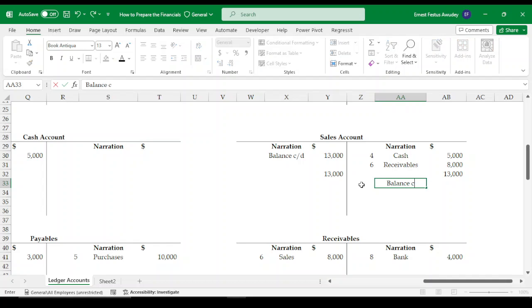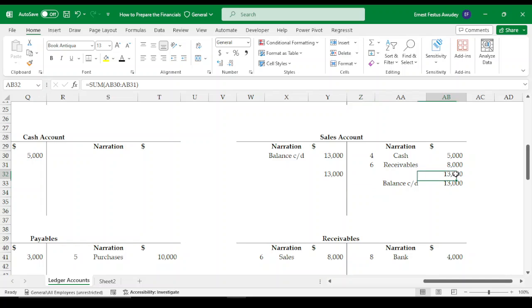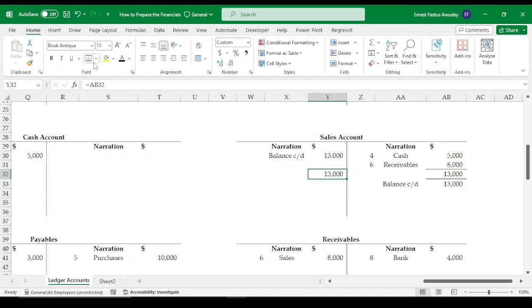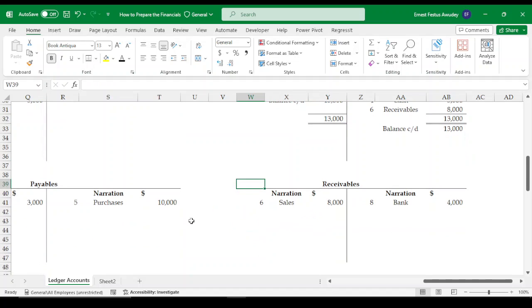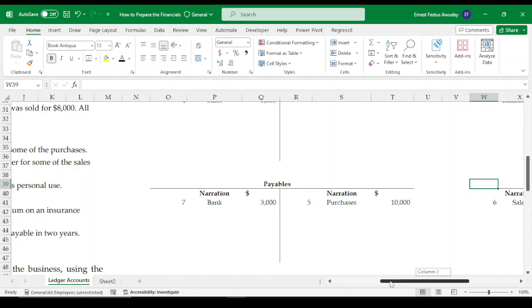Remember, the balance carried down and the balance brought down, the narration is written under the narration column. All right, it's written under the narration column, so take note of that, and that will be equal to this amount here. Let me insert my borders for the totals like that. Okay, so we move on.